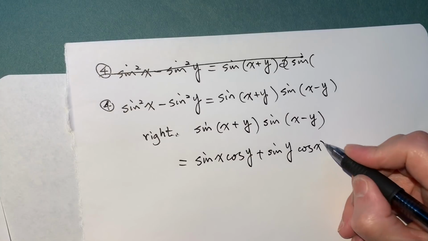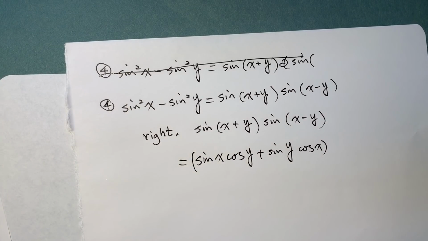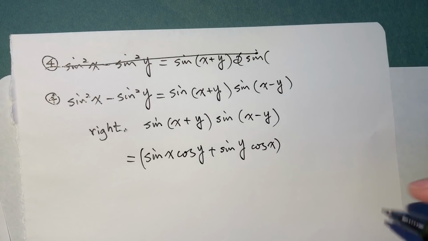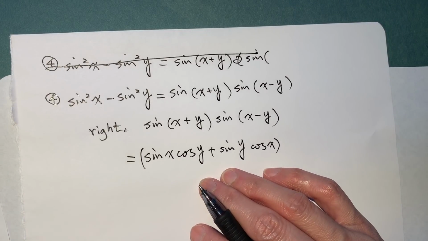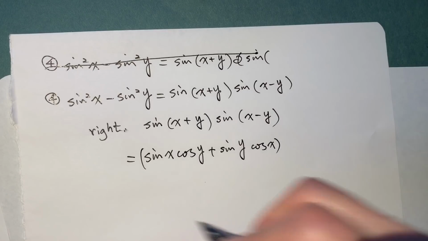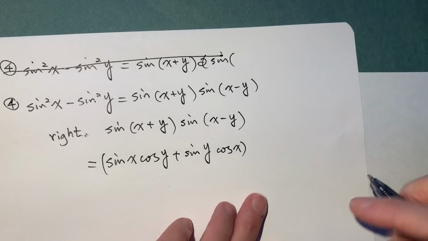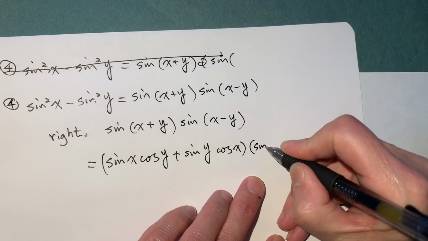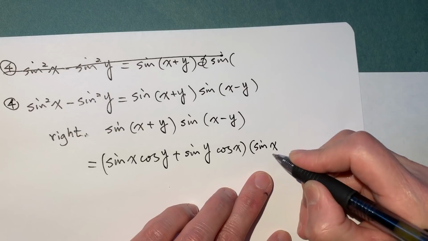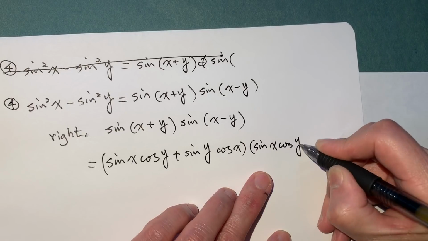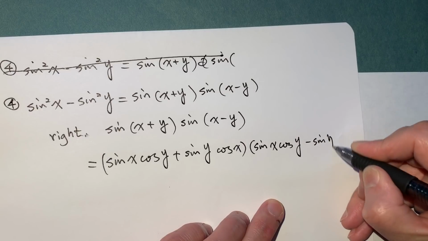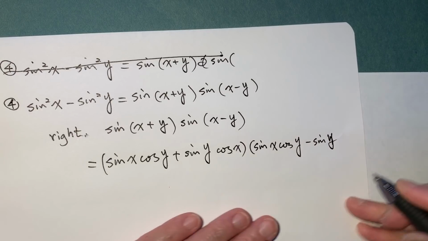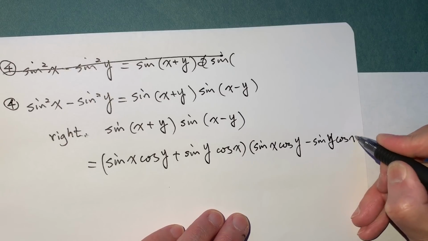So first, use the sum of angle formula in trigonometry, times sine x cosine y minus sine y cosine x.